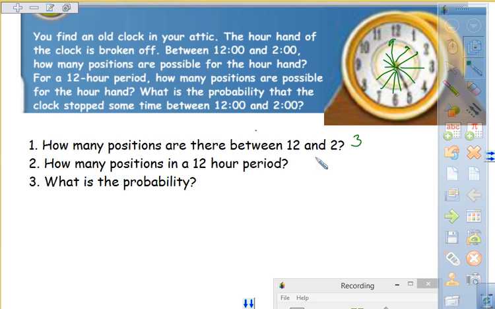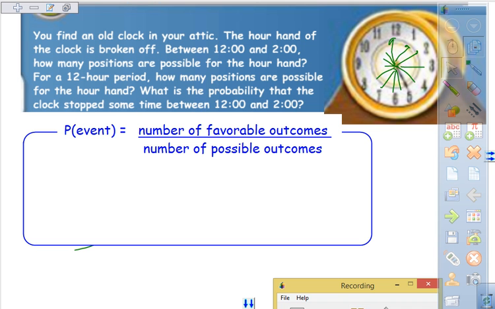I think we could have 12 possible positions. So the probability would be 3 divided by 12, or 1/4. So what we just figured out is the total of favorable outcomes divided by the total. And here is our formula.